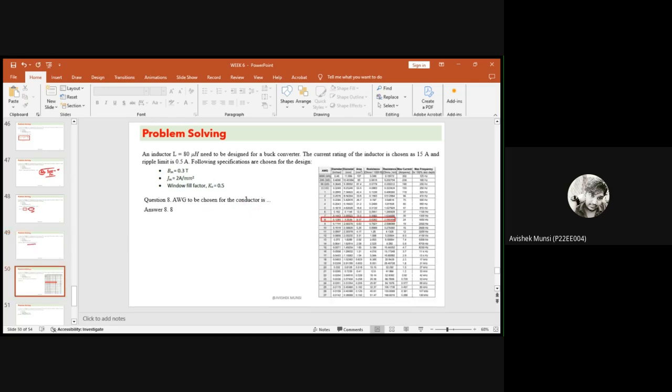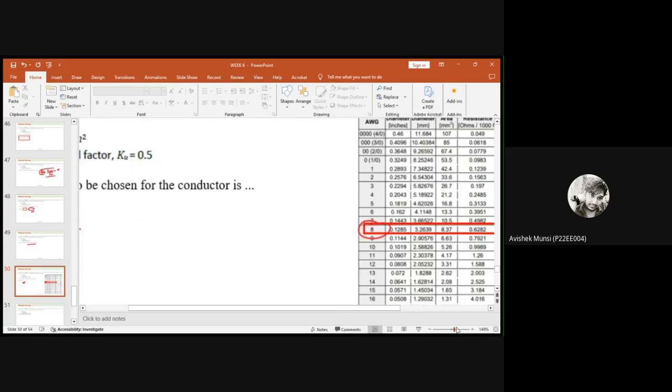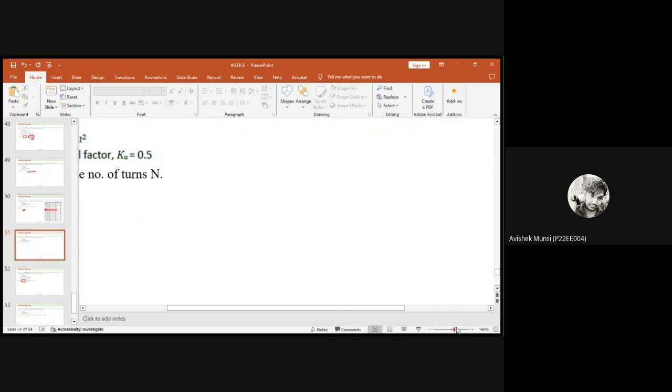Okay. So from the data sheet, from the AWG's data, you have all these values. If you check those values, you can see that AWG 8 will be the perfect for this. Okay, so check this AWG sheet.